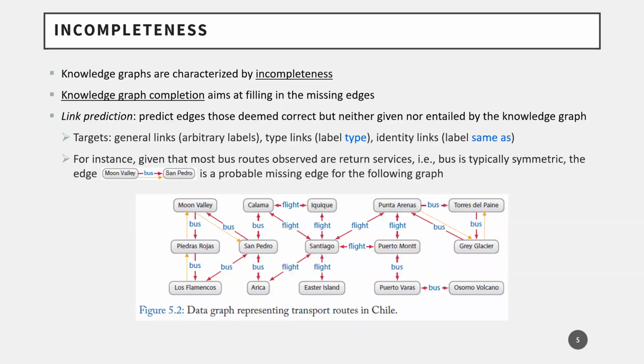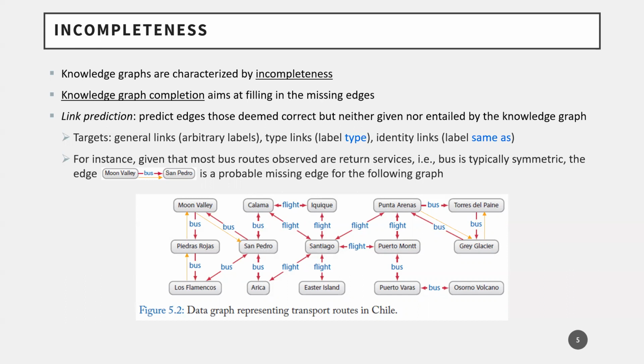We know that knowledge graphs are characterized by incompleteness. So knowledge graph completion aims at filling in the missing edges.